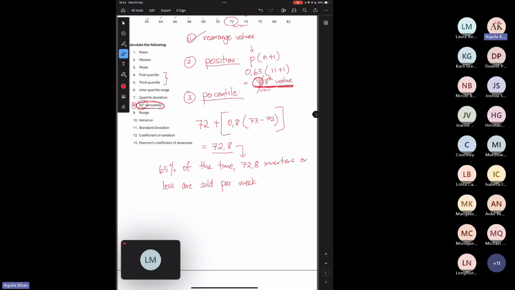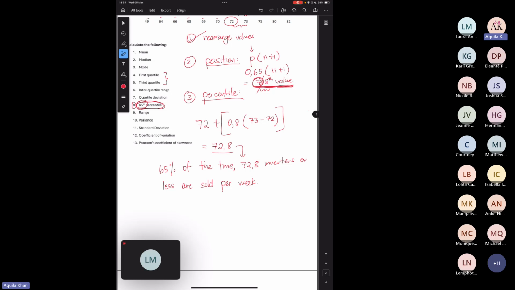You always split that position into two, separate the first number from the decimals, and then the first number is telling you which value to go to in your data set, and then you'll add on to this, take the decimal, multiply it by the difference between that number you initially chose and the number after it, and then that will be your calculation. All right, so that's your 65th percentile.